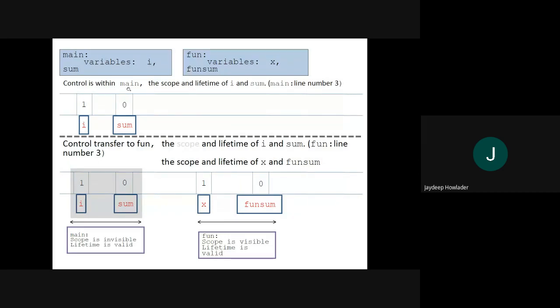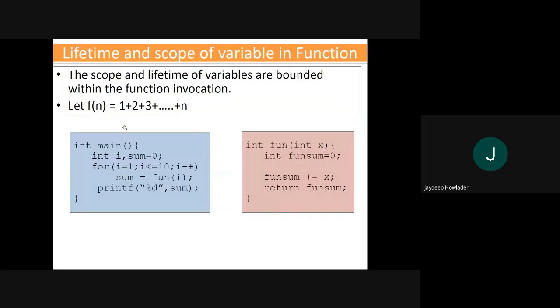When control is made, I will take the value of 1, sum will take the value of 0. So at the beginning of the for loop, I is 1 and sum is 0.